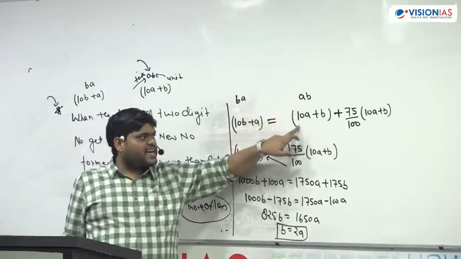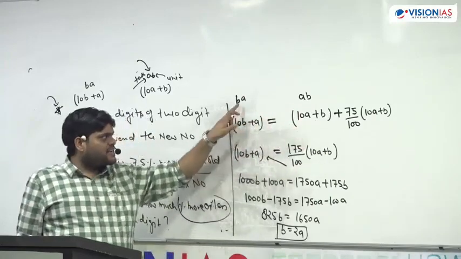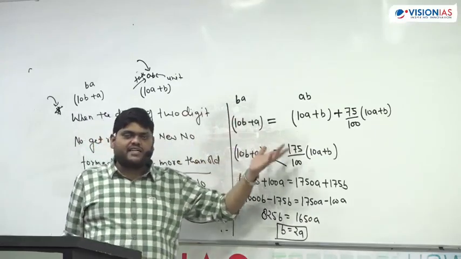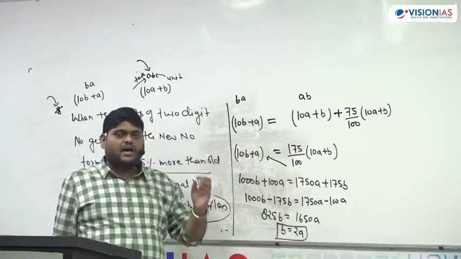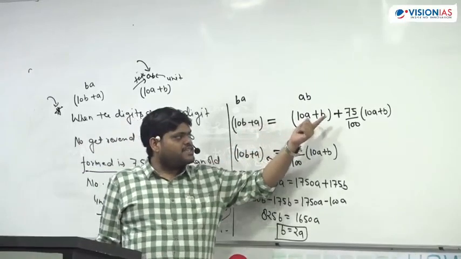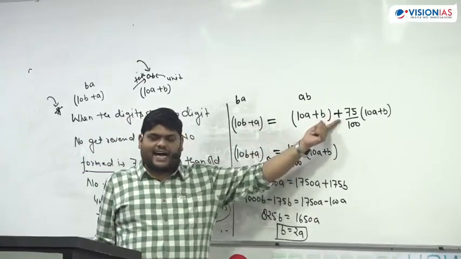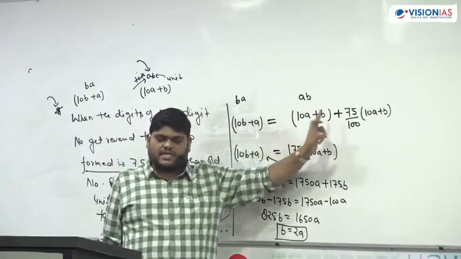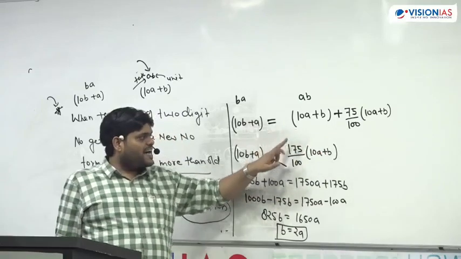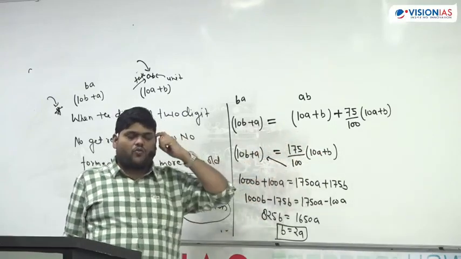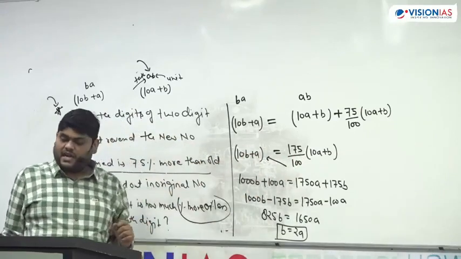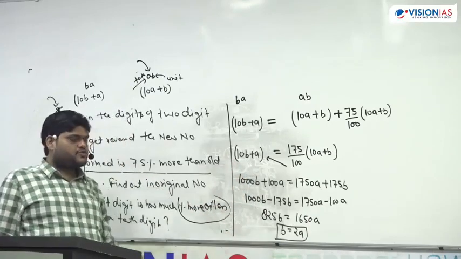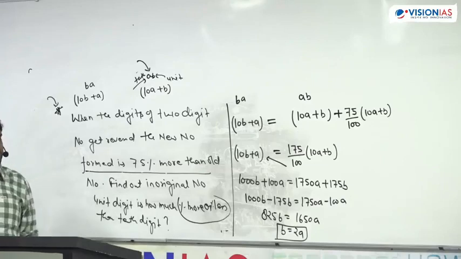So AB means 10A plus B, and BA means 10B plus A. The new number formed is 75% more than the old number, so something is getting added to the old. 75% is getting added, so we add 75% of this, and it becomes 175 upon 100 times 10A plus B. We do the cross multiplication, solve this, and get B is equal to 2A.